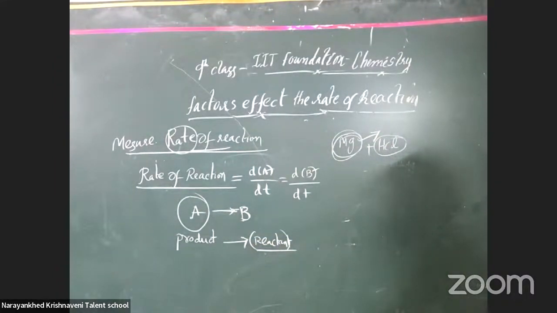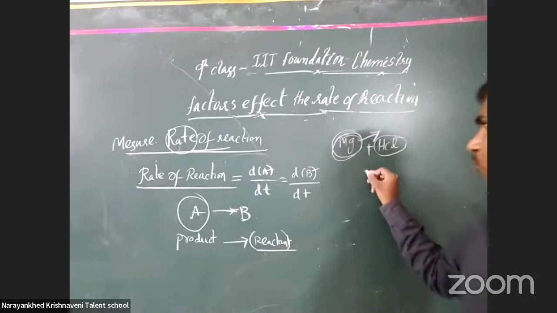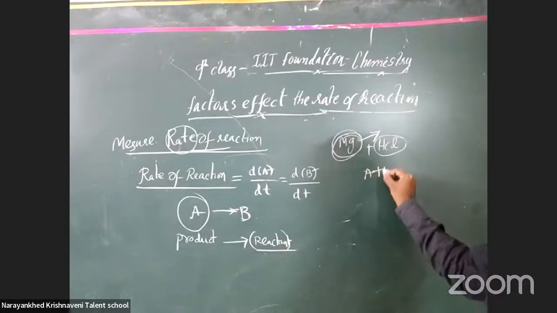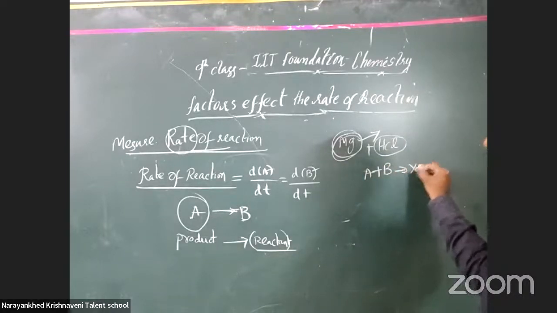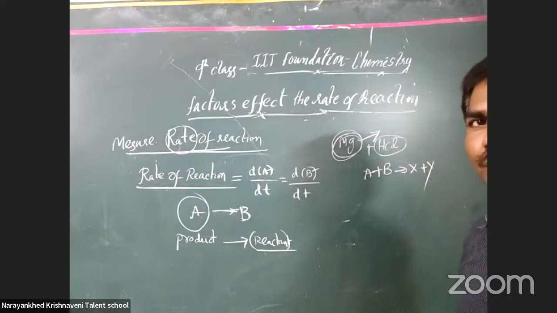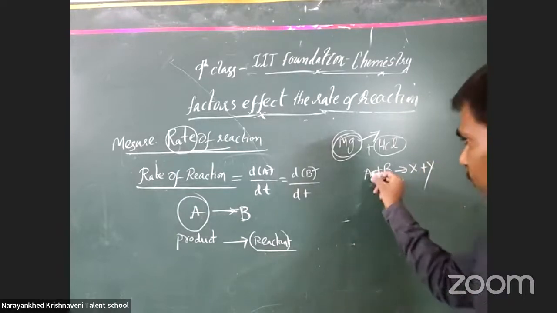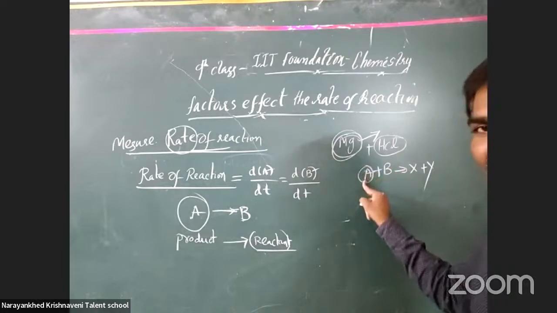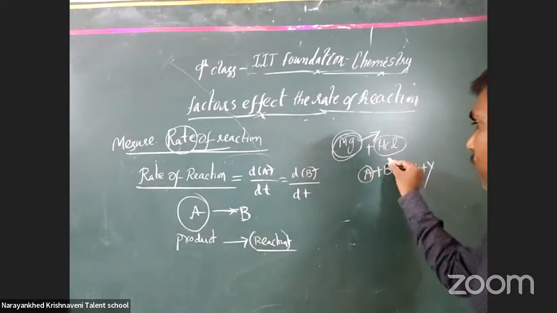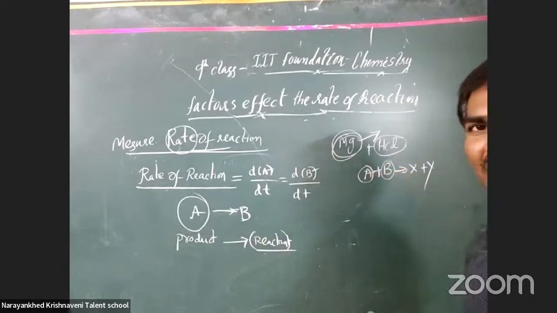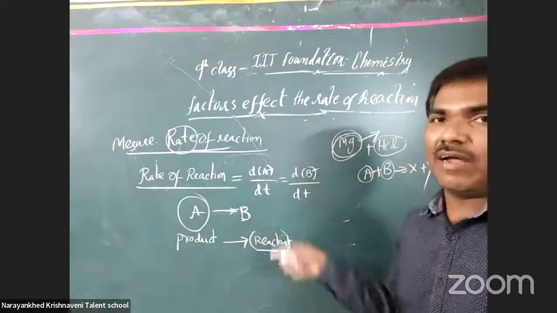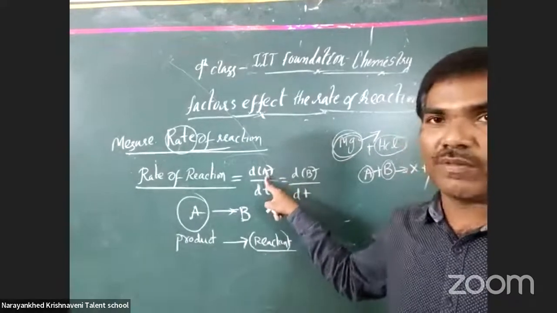Okay, A is a reactant, and the products may be anything. Suppose I am taking the reaction like this: A plus B gives X plus Y. Before the reaction, what is the A concentration? After the reaction, what is the A concentration? You have to measure and substitute for a unit time.